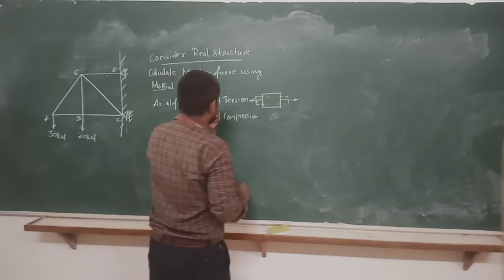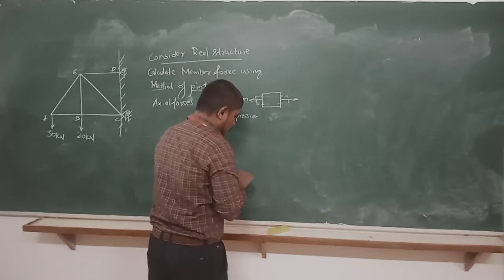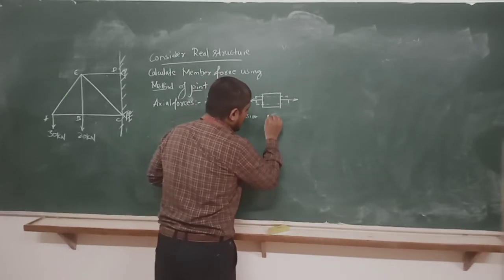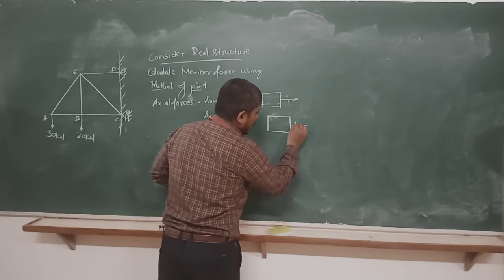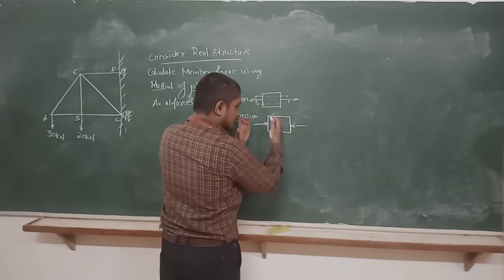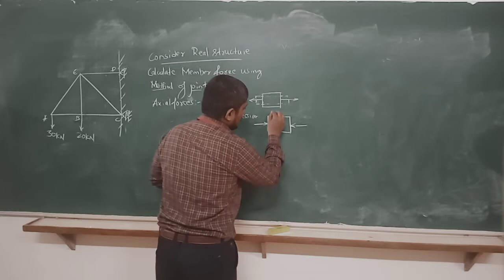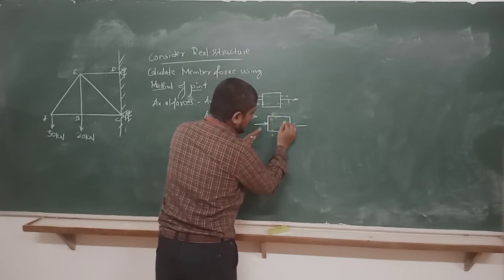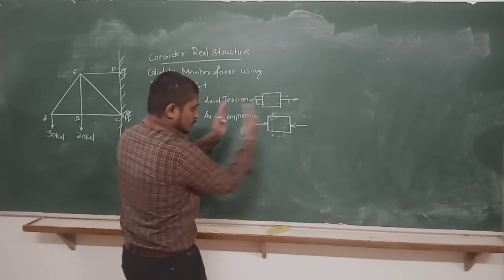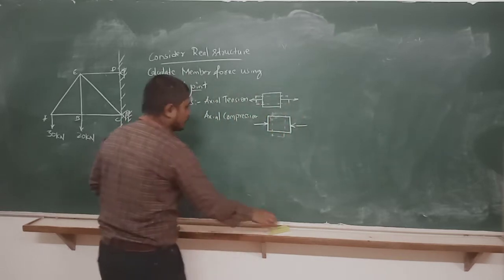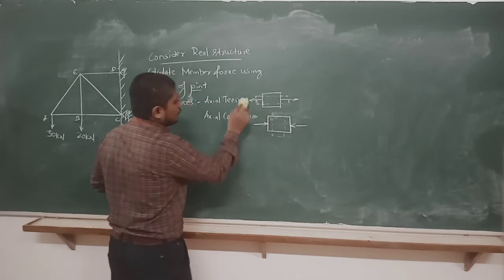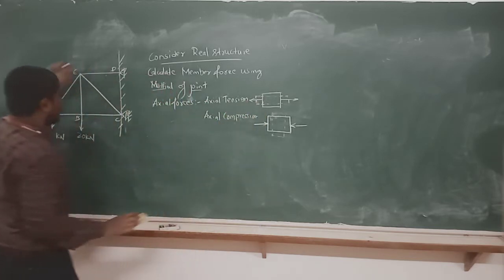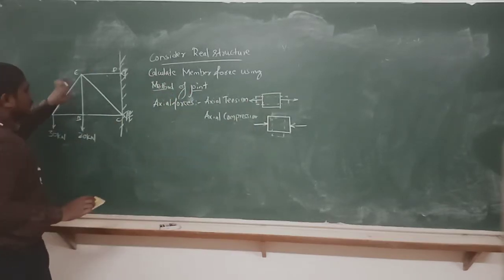Tensile force or axial tension force. What is compression force or axial compression? It is when you apply load like this and press it, there is a reduction in the dimension. So this will be contracting like this. These two types of axial forces only we are calculating in this type of members.